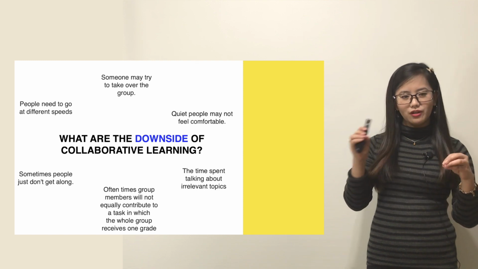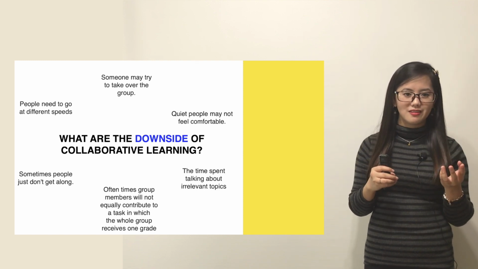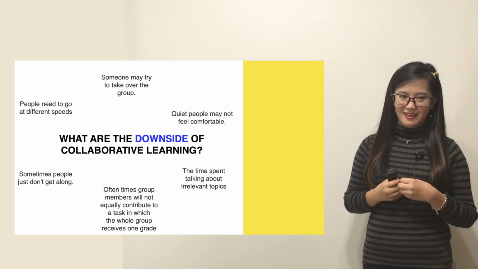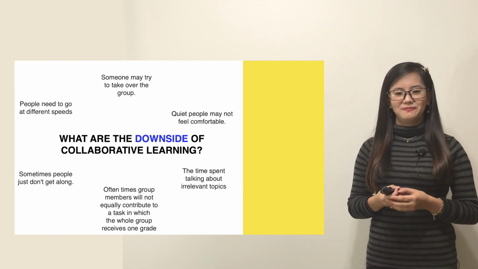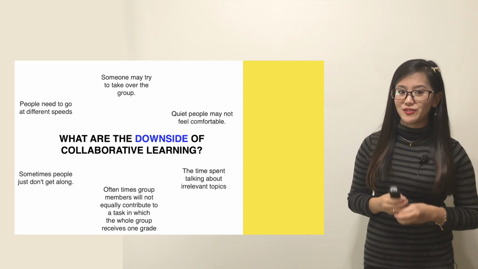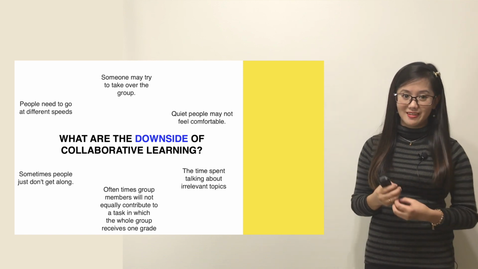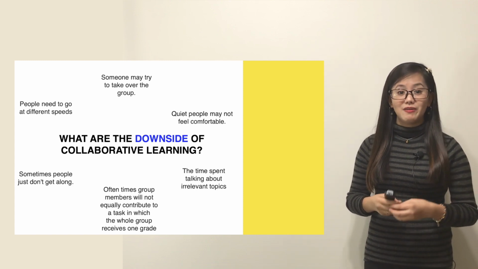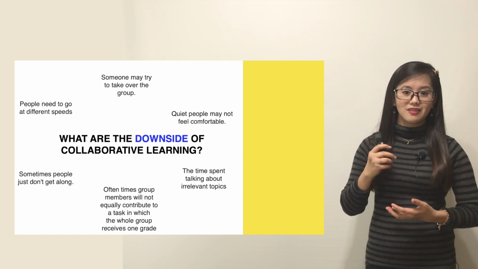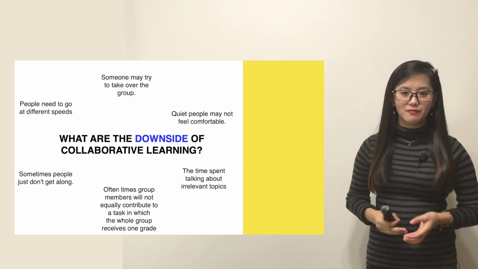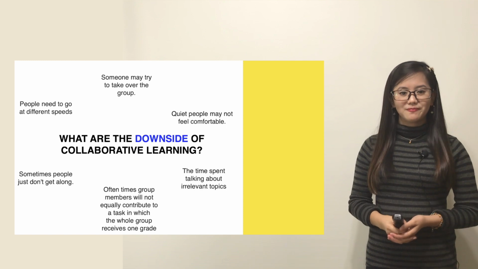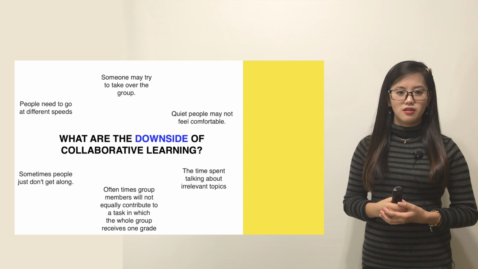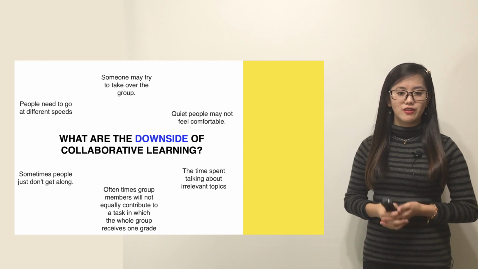Or did you also talk about different kinds of things not related to the task? Perhaps you did, or maybe you were just too serious doing your projects, which is good. However, others just spend time talking about irrelevant topics. All right, so these are just a few disadvantages or downsides of collaborative learning.